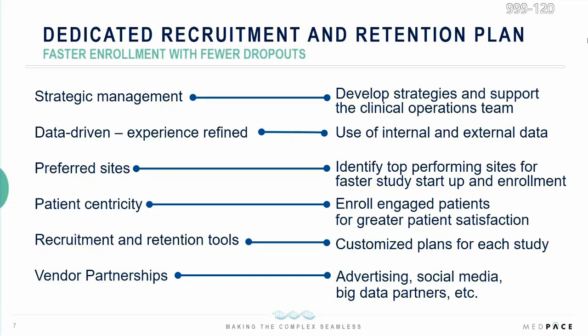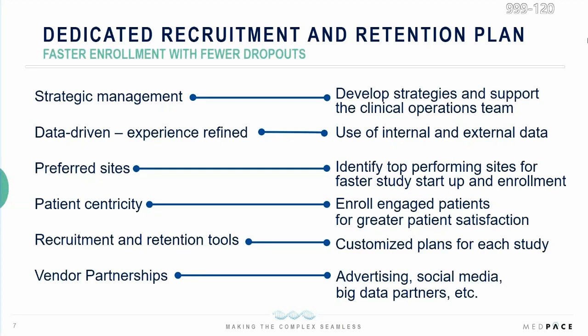You're employing a patient-centric method, and so what that means is that you want to enroll engaged patients for greater patient satisfaction. And then you're customizing your plan for each study. We all have heard the term, I know it's overused, one size does not fit all.